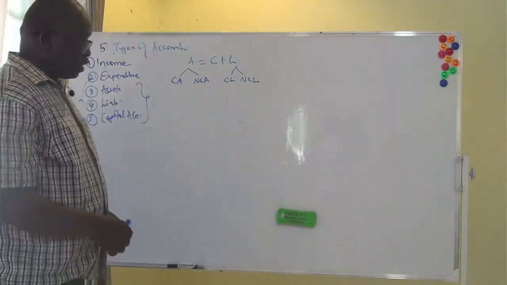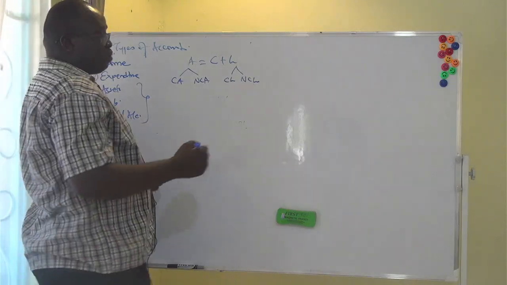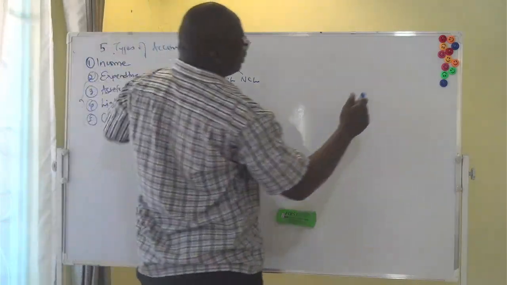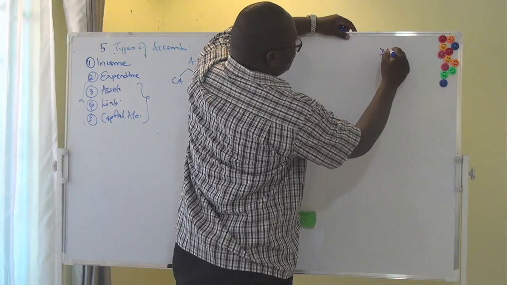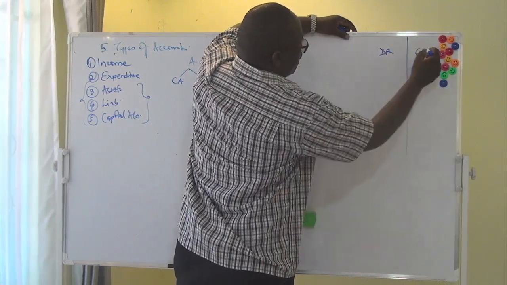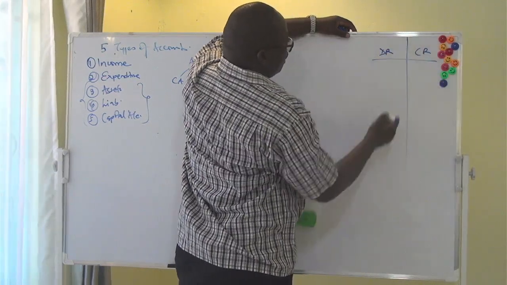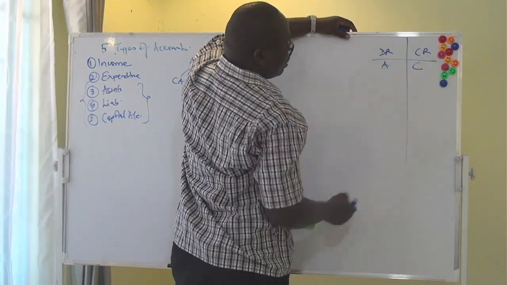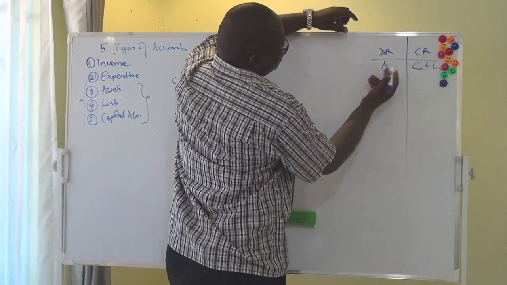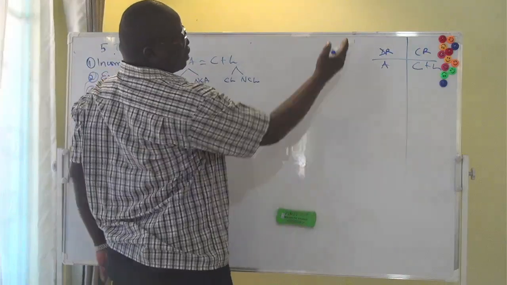And of course, as I look through our question, remember our rules and regulations where we were talking about debit entries and credit entries. We say that assets equal liabilities as part of capital plus liabilities. Assets, when they increase, we debit them.